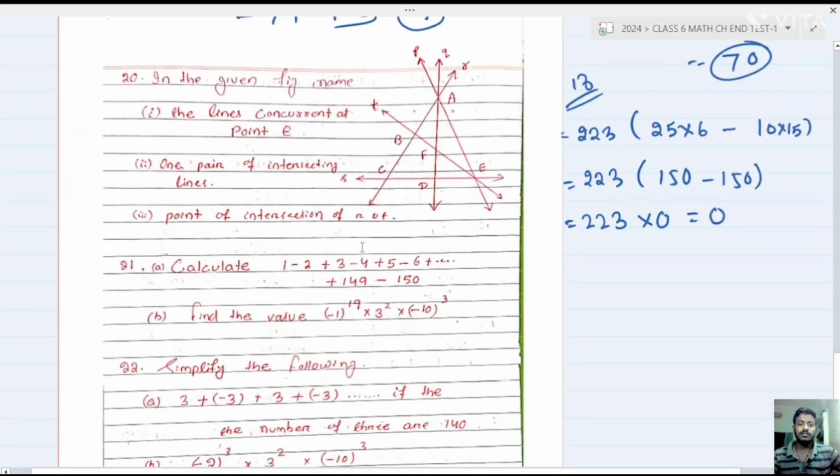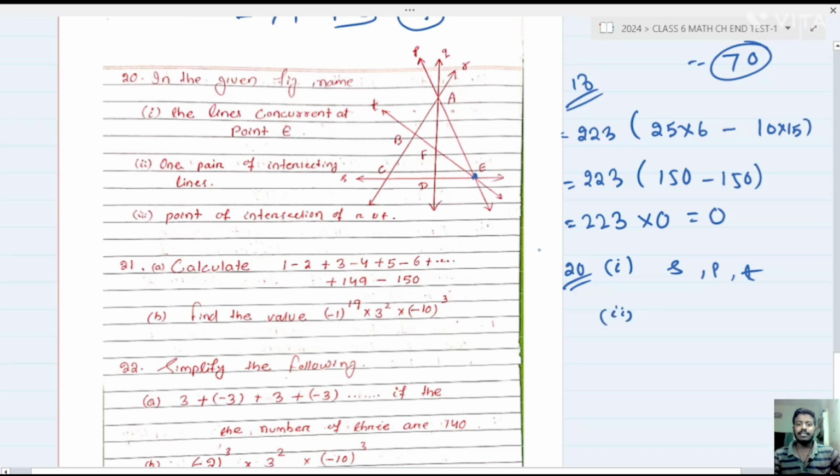In the given figure, name the lines concurrent at point E. E point here. So which lines? That is S line. Question number 20, I. So S line, then P line and T line. Next question number 20, II.